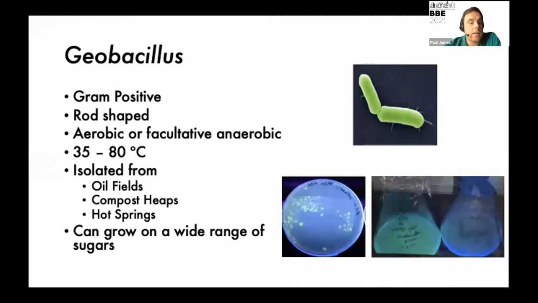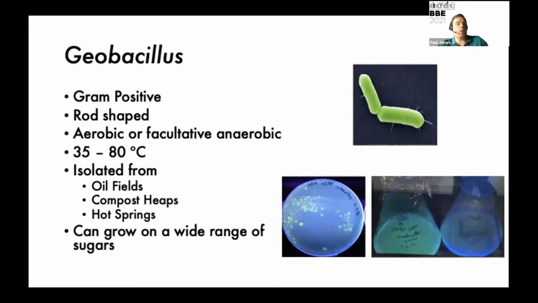But this is quite a large genus. The Bacillus stock center has over 168 strains, and there are a lot more available. They've been isolated from a wide range of different environments. So oil fields, where one enzyme that was added into Geobacillus meant that it was able to grow on oil contamination, right the way through to compost heaps and hot springs.